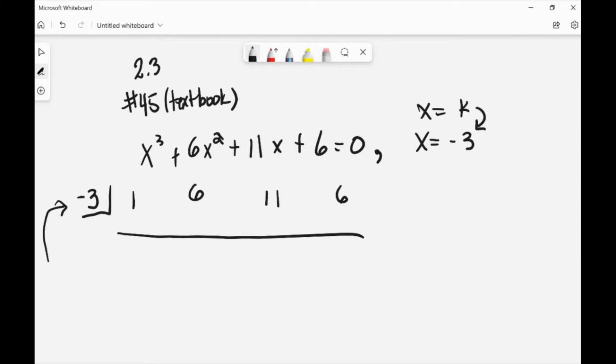Other than Alicia, Kenneth, and Nakira, after I write the 1, what's the next number? -3. -3 is correct.